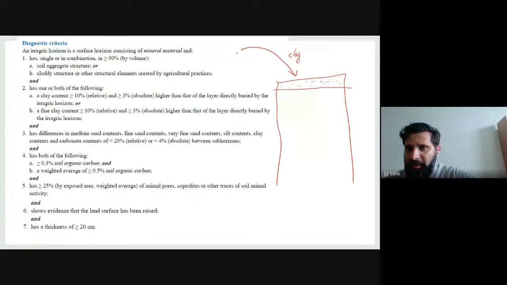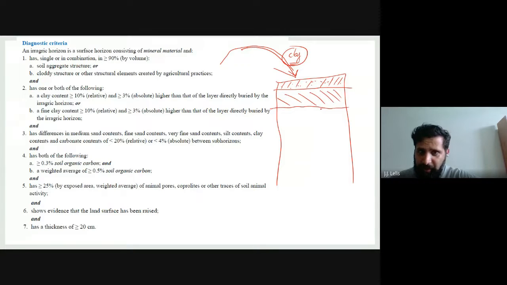Since clay is a very thin and light particle, it can be easily moved. It was added by irrigation and formed a clayey horizon on the surface over a buried material that presents a lower content of clay. This difference of clay content should be at least 3% in absolute terms.